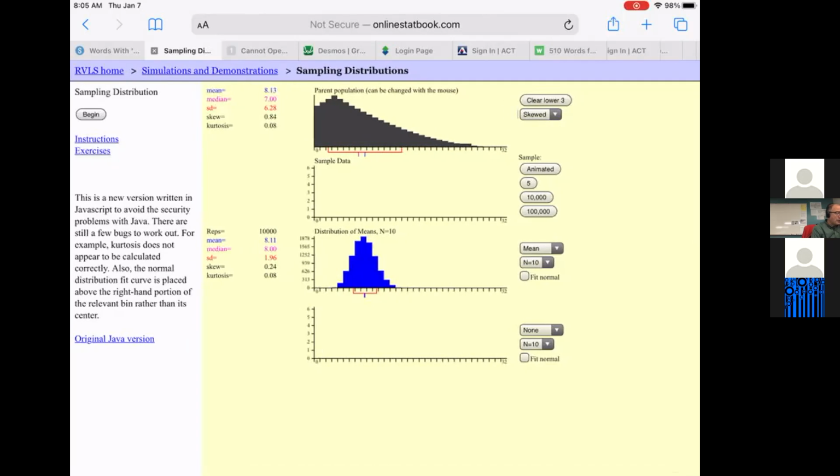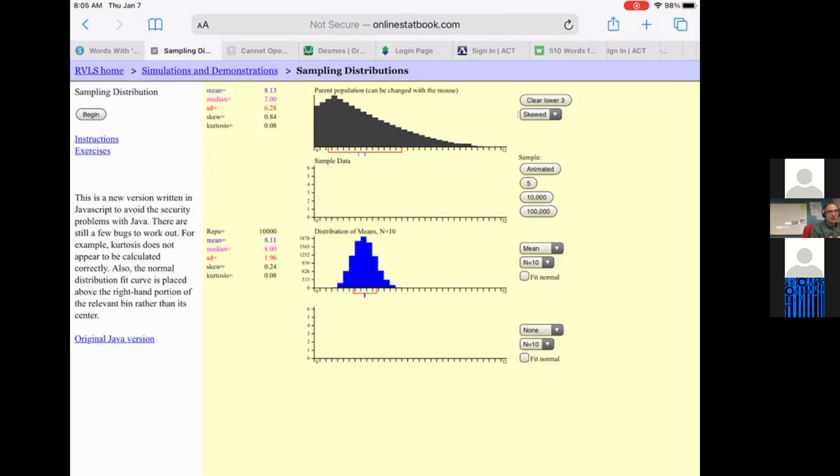The mean of my distribution was 8.11. So what we find is that the mean of my sample means and the mean of my population, if I have enough samples, are going to end up being the same. The only thing that happens is my standard deviation is 6.28 in my parent population, but only 1.96 in my distribution.